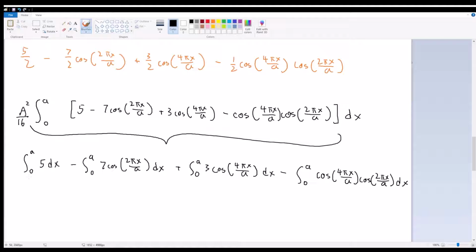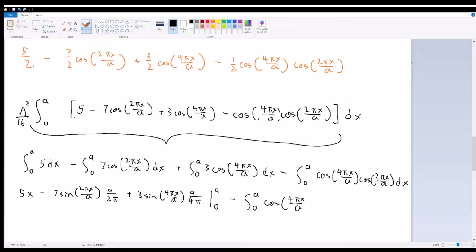So doing these, this is going to be 5x minus 7 sine 2 pi x over a, multiplied by a over 2 pi, and then plus 3 sine 4 pi x over a times a over 4 pi, all evaluated from 0 to a, subtracted by the integral from 0 to a of cosine 4 pi x over a cosine 2 pi x over a dx.